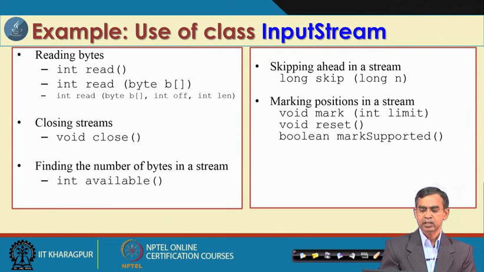These are a few methods which we will learn when we have a more detailed discussion. For example, long skip: its parameter is a long integer, and it will skip to some location depending on the parameter value passed. Mark(int) will mark a particular position in a stream, and then reset, as I told you, resets the stream position, and the boolean markSupported tells whether marking a location in the stream is supported or not; it will return true or false.